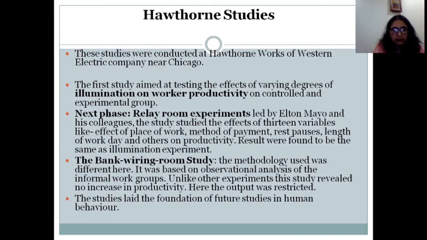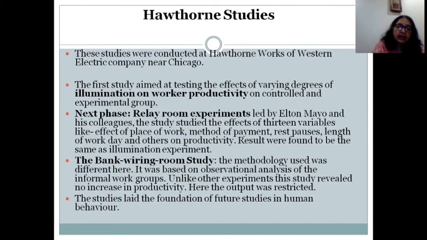But again, the first three variables, like small group and type of supervision and earnings, also had impact on the behavior of the people. Now, in the bank wiring experiment, the group was being monitored closely by the supervisors. So that was one thing which was impacting their productivity. And even when incentives were being given to them for increasing their productivity, yet the workers restricted the output.